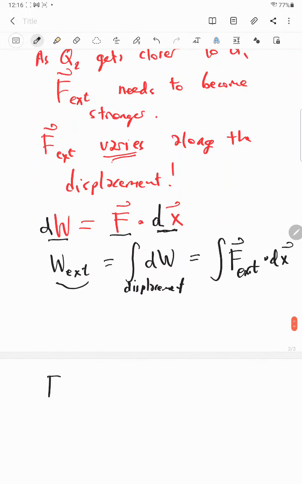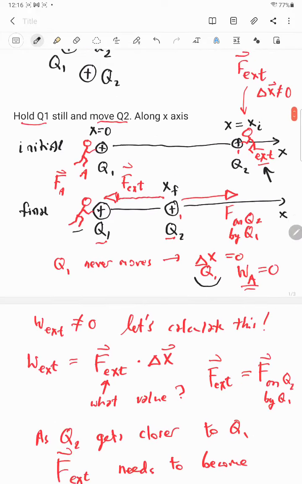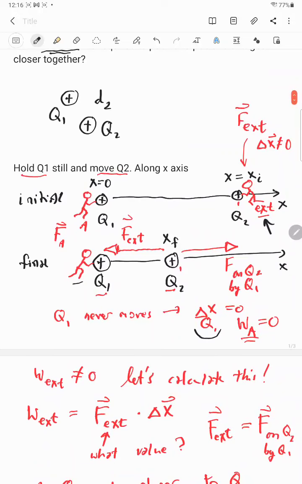Okay, so here's the work done. And the external force, which had to get stronger and stronger and stronger, let's be really careful, needs to point towards the left because it is counterbalancing the force on Q2 because of the electric repulsion from Q1.